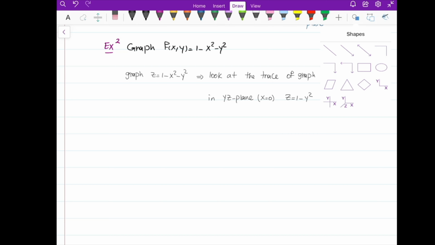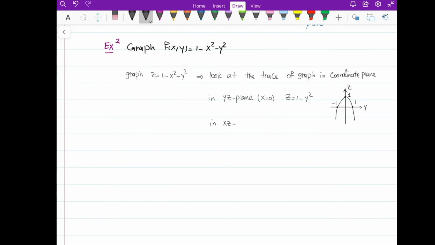Now let me graph it in YZ plane. This is a parabola upside down, right? And when y is equal to 0, z equals 1. When z equals 0, y squared would be equal to 1. Y is plus minus 1. So I have a parabola like this in YZ plane. Now in XZ plane, y is equal to 0, so I'm going to get the same thing.